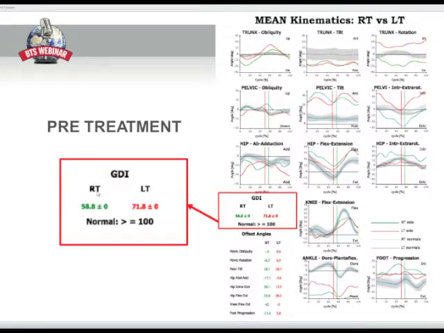Remember that for the GDI, the lower the value is, the worse, or the further from normalcy, the walking data will be. So in this case, we get a lower value for the GDI for the right side with respect to the left side. That means that there is a major impairment on the right side compared to the left side.